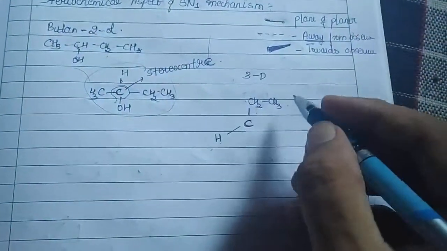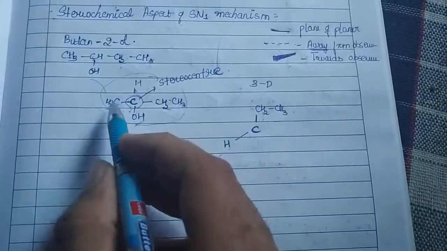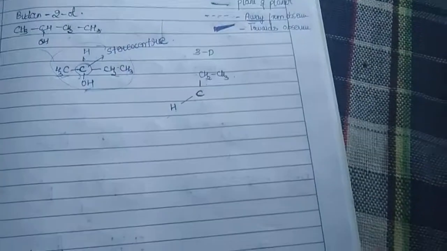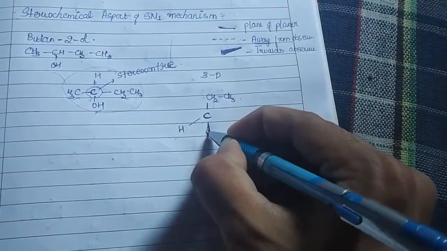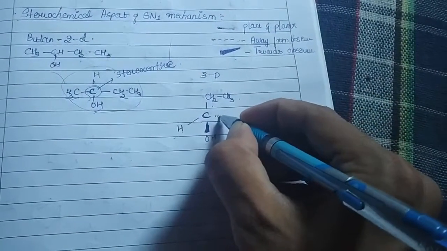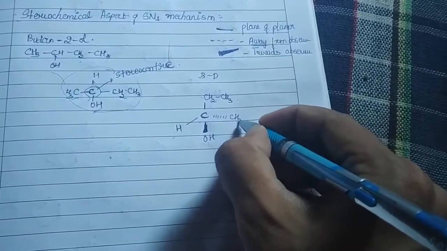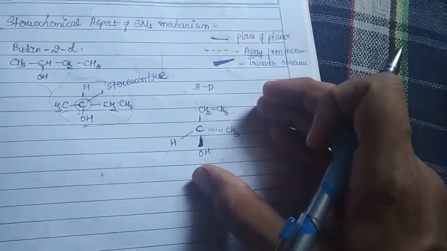Next, two groups remain. One is the OH group and the other is the CH3 group. So the OH group will be in this way, OH, and here you have your CH3 group. So this is the actual structure of your butan-2-ol.